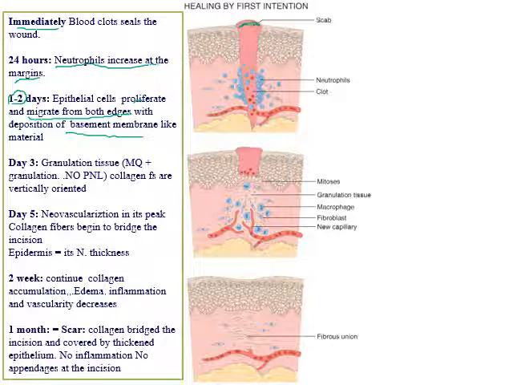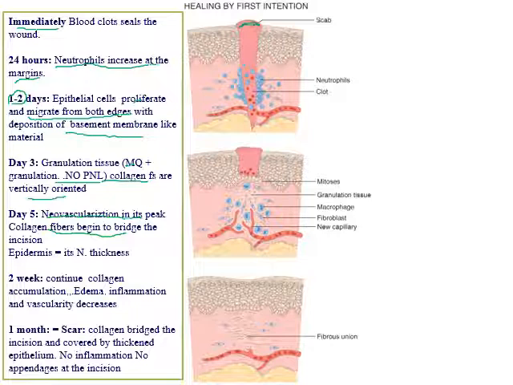Day 3, granulation tissue and macrophages appear, and collagen is vertically oriented. On day 5, new vascularization is at its peak, collagen fibers begin to bridge the incision, and the epidermis reaches its normal thickness.